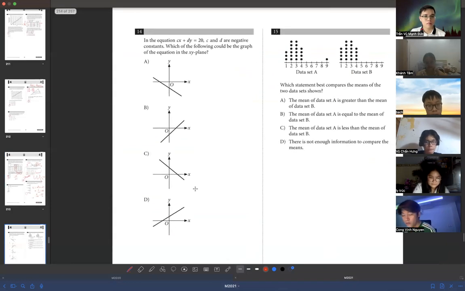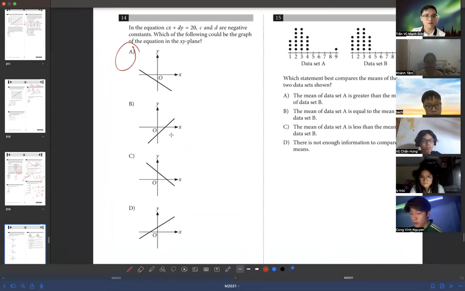14 is A. C, D, 20. C and D are negative constants. How did you do this one? I will eliminate B and D because it told that C and D are negative, so the graph will go down.